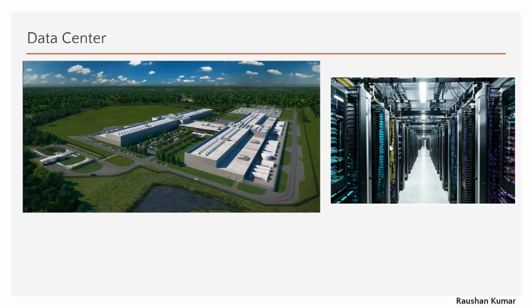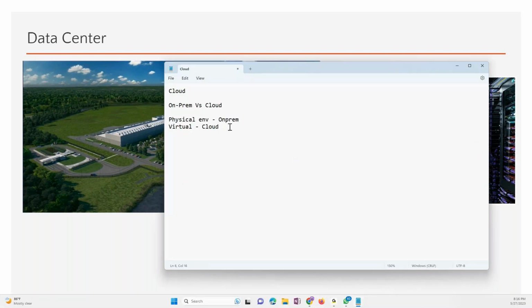AWS was launched in 2007, right? They were the first ones to enter the market, quite early. Then after 4 to 5 years we have Azure and GCP. AWS has the largest market share, around 40%. If you look at companies, 40% of the people use AWS.